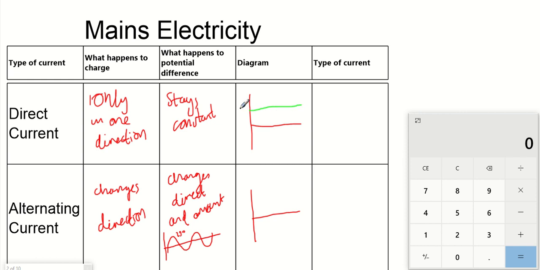Let's say this is 120 volts, whereas our alternating current goes up and down and up, and down. It should be equal on either side, that just didn't come out very clear. And the type of current, we said here is direct, and here is alternating.